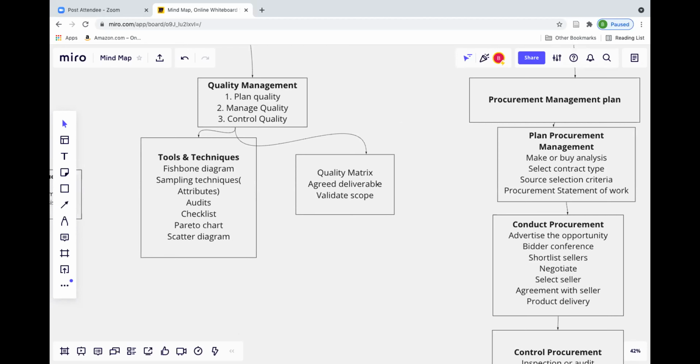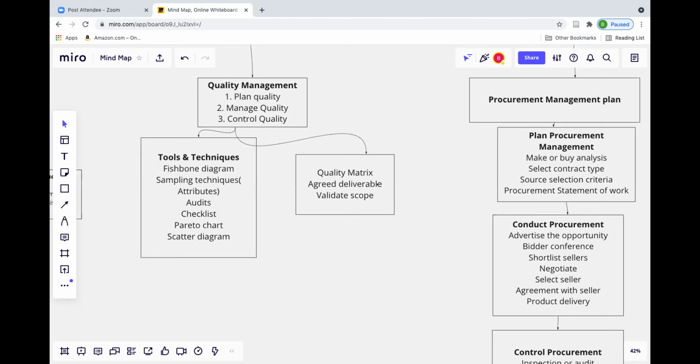Then come bidder conferences, shortlisting sellers or vendors, negotiation, selecting the seller, agreement with the seller, product delivery, and so on. Then comes controlling procurement: inspection or audit, disputes and conflicts, resolving conflict, closing procurement, updating documents, and sending procurement to close the project phase.